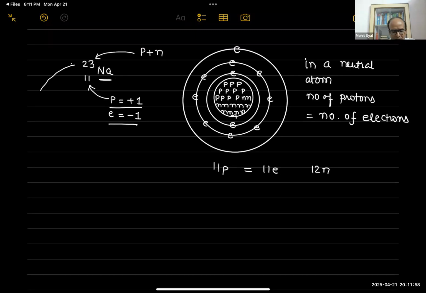This number is known as the mass number, because the mass of an atom is due to protons and neutrons only. Electrons have negligible mass. So while considering the mass, you consider only the sum of protons and neutrons.